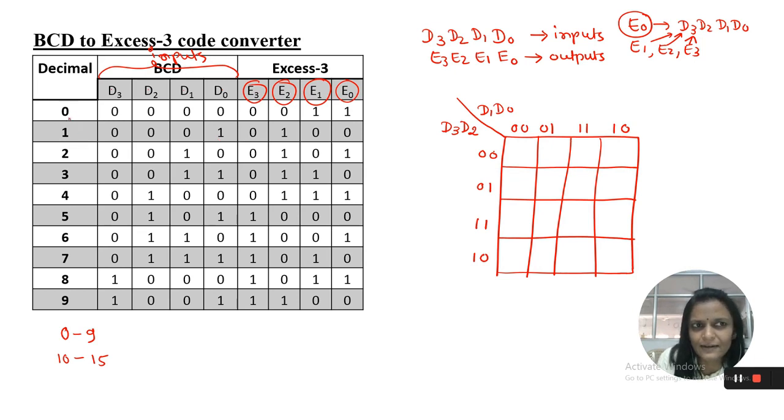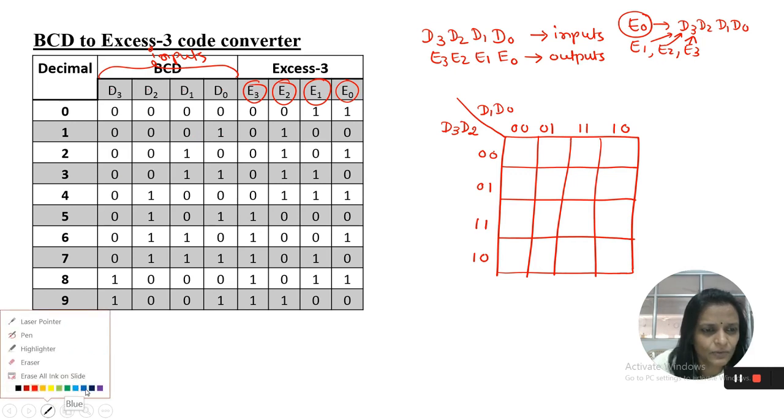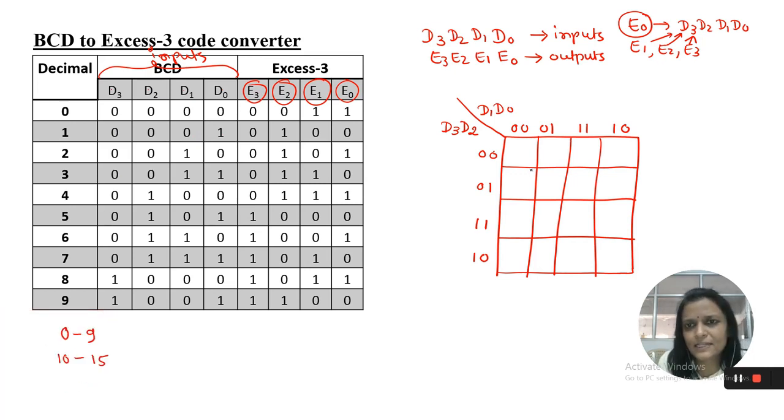Also we can assign the blocks according to the decimal numbers: 0, 1, 2, 3, 4, 5, 6, 7, 8, 9, 10, 11, 12, 13, 14 and 15.